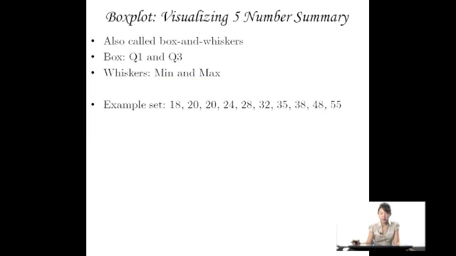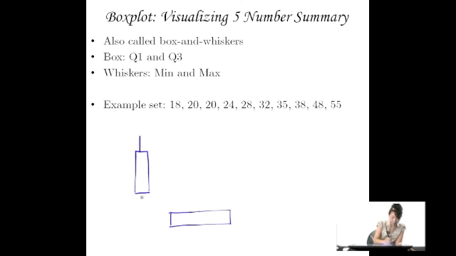Now we're going to talk about a way to visualize that 5-number summary really quickly. It's called a box plot, also called a box and whiskers plot. It's called box and whiskers because oftentimes there's a box, which could also be on its side like this, with whiskers on it. Often this box is split somewhere in between, not necessarily in the middle. This box is aligned with an axis of values of your variable.